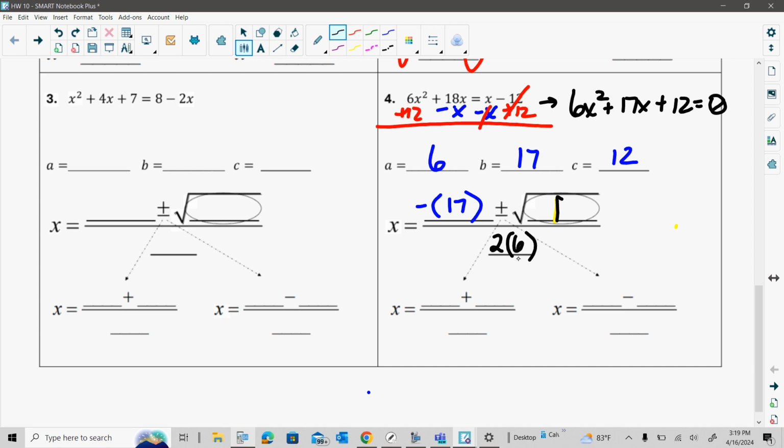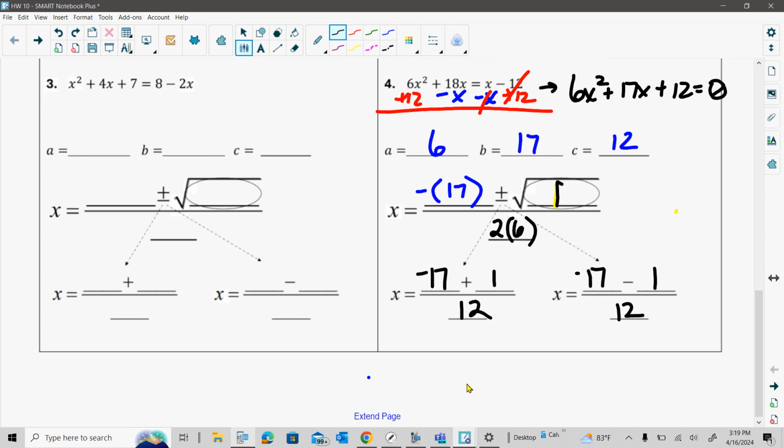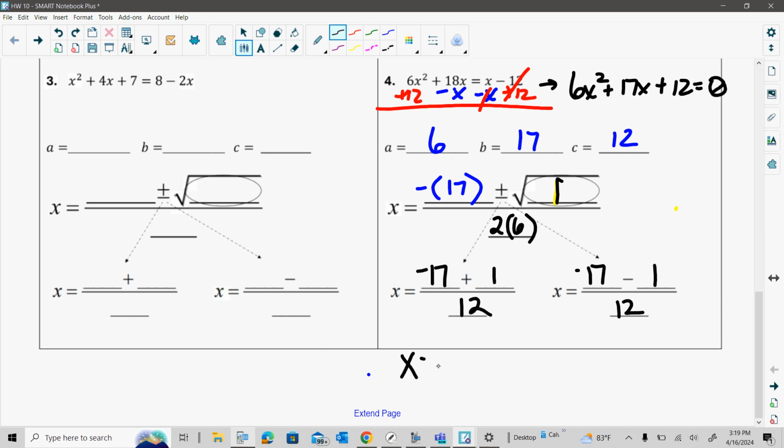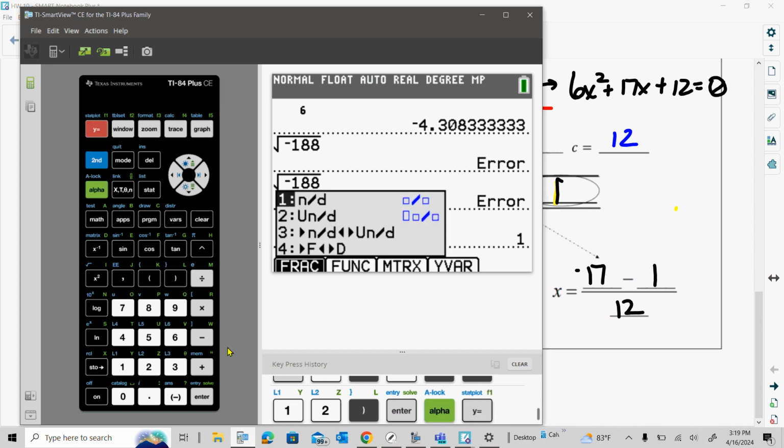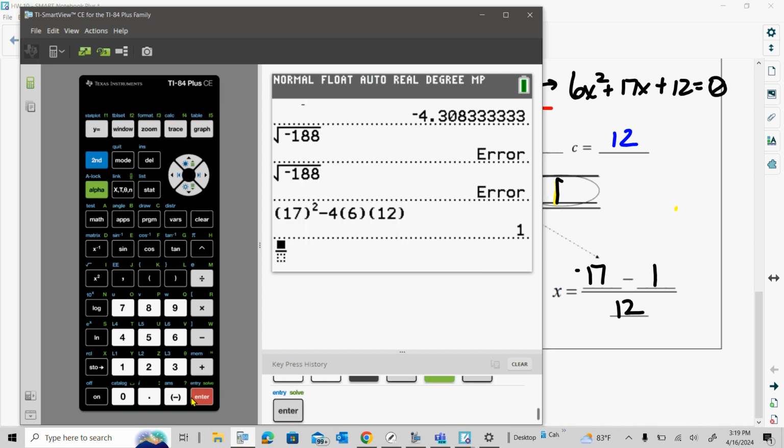So when I simplify this, this is negative 17 plus 1 over 12, and this is negative 17 minus 1 over 12. And then you actually need to simplify more to get your values for x, for both of these x's here. Remember I showed you also you could do your fraction box: negative 17 plus 1, all over 12.